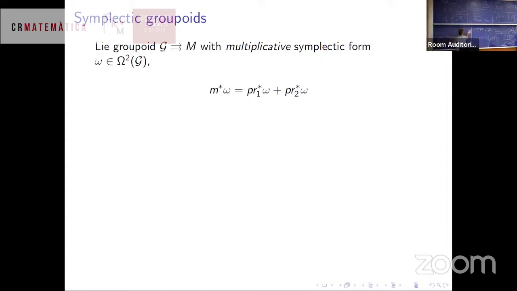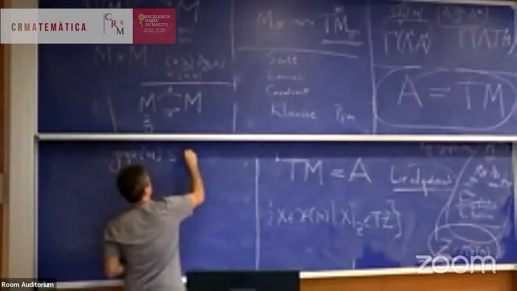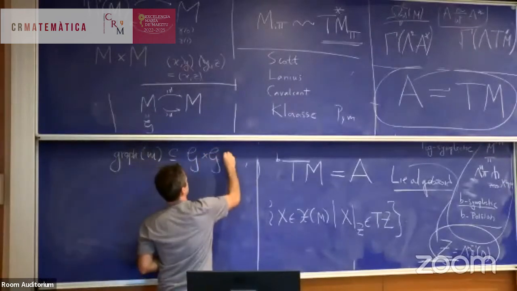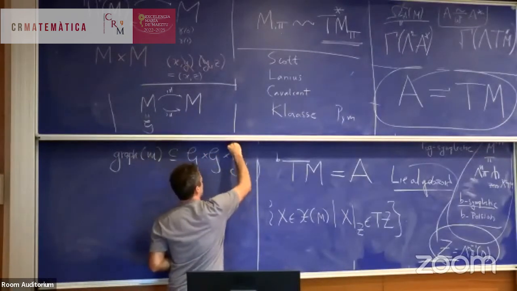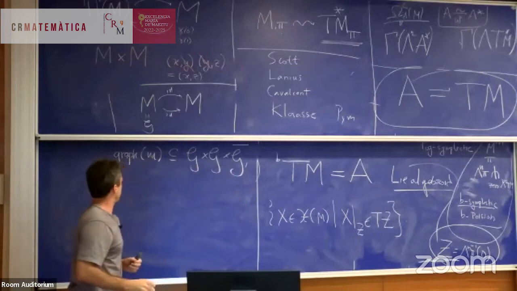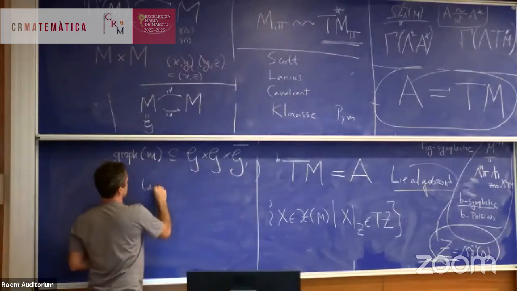is an interpretation. There's a symplectic geometric interpretation for this equation that says that if you look at the graph of the multiplication map inside G times G times G, and you switch the sign of the symplectic form here, this is a Lagrangian submanifold.